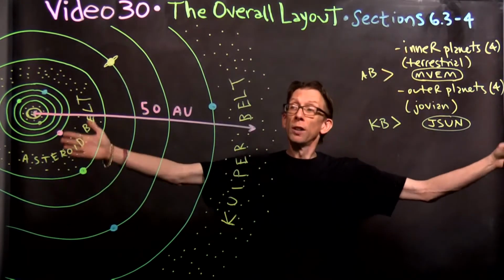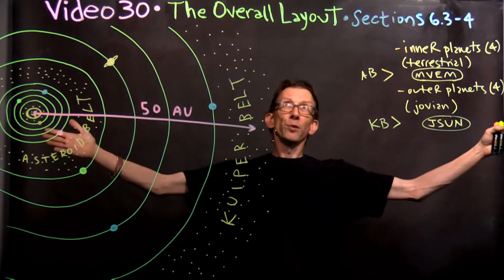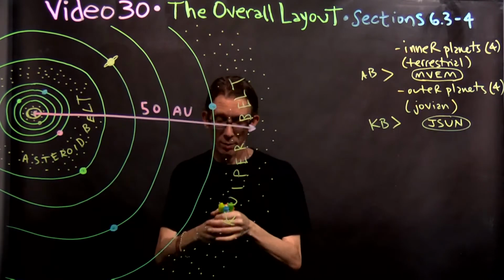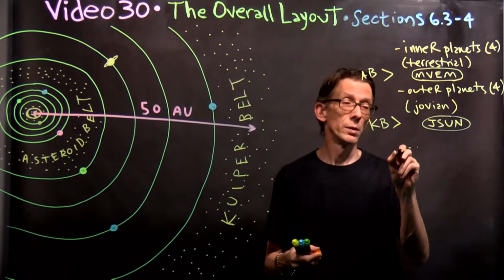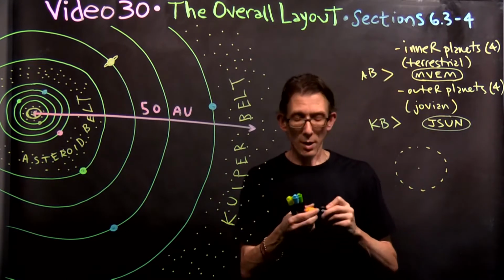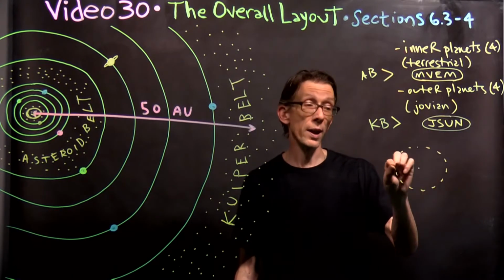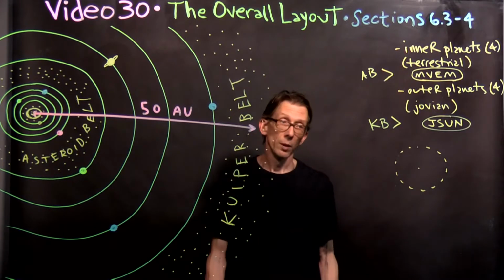But still, as big as that is, you could put about 2.5 million Earths across it. You could line them up across the whole thing. So if this is the Kuiper Belt and the Sun in the middle, you could fit about 2.5 million Earths across the whole thing from one end of the Kuiper Belt out to the other.